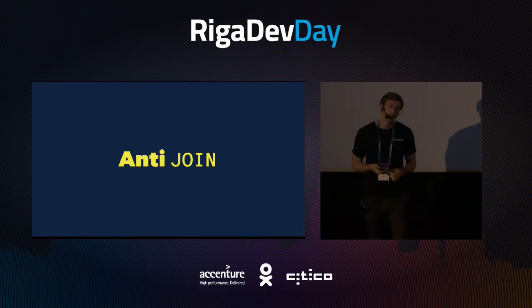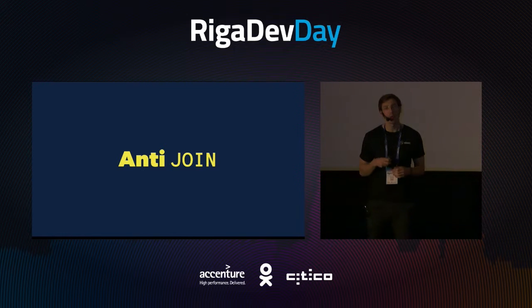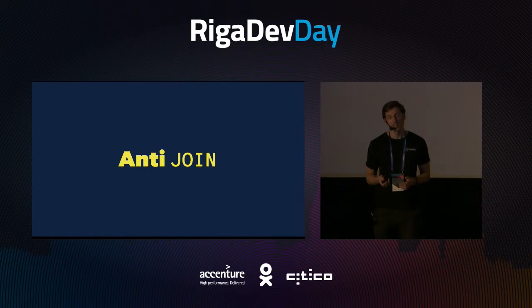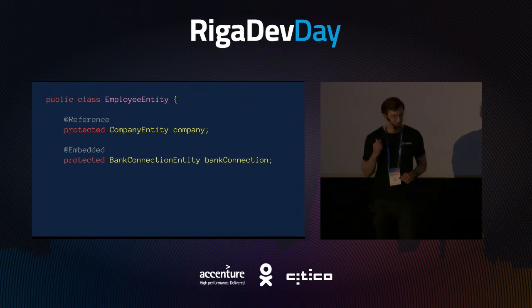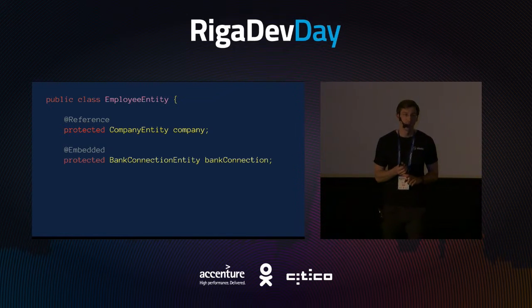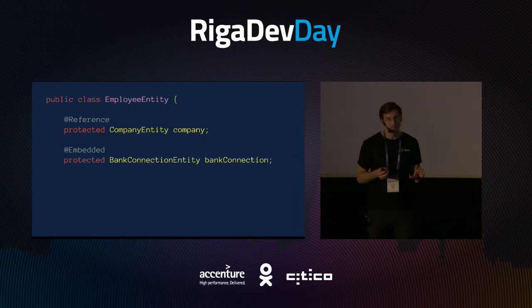Something that MongoDB and all of the non-relational databases don't have are joins. So what you can do is you can either embed something, which is the subdocument, which we've seen in the previous example, where you just add a subdocument with curly braces inside another document, so you can stuff things into it.